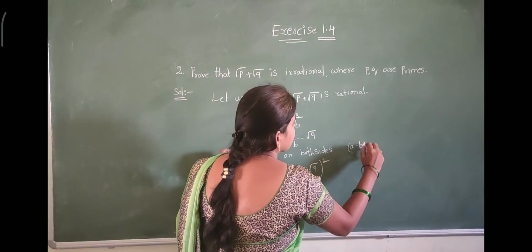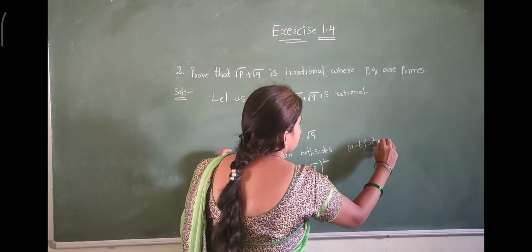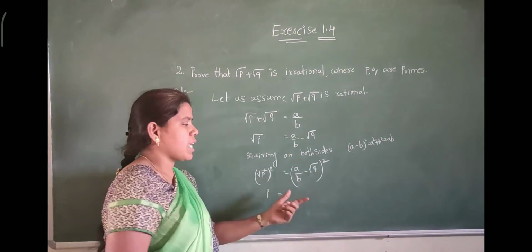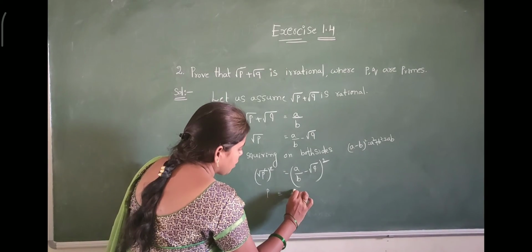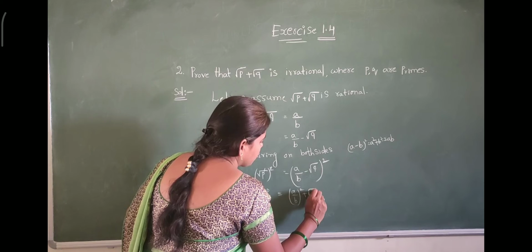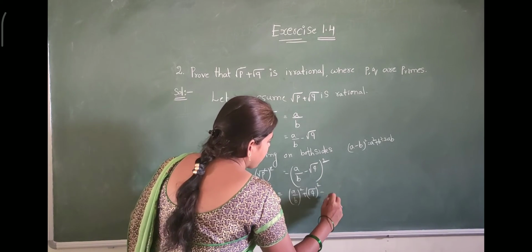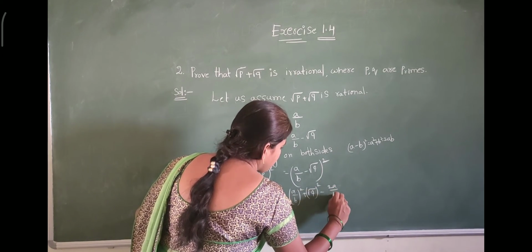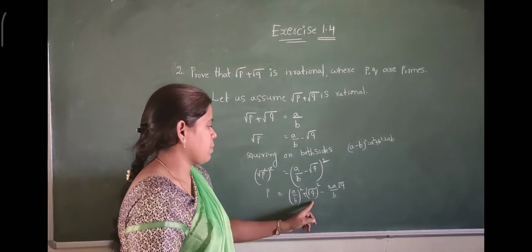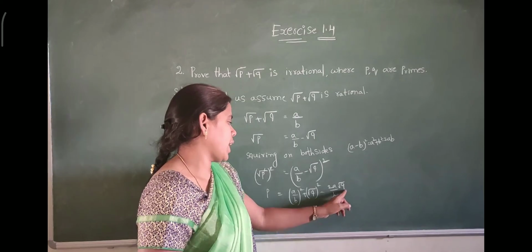A minus b whole square is equal to a square plus b square minus 2ab. Based on that, we can write it as a by b whole square plus root q whole square minus 2 into a by b into root q.